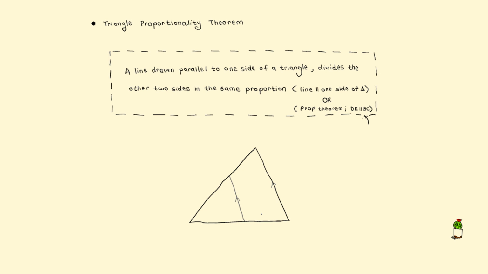So long as you are drawing a line parallel to one side of this triangle, you are now dividing the other two sides up in proportion.